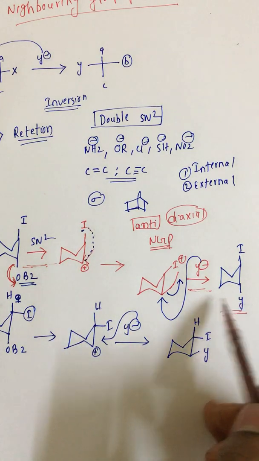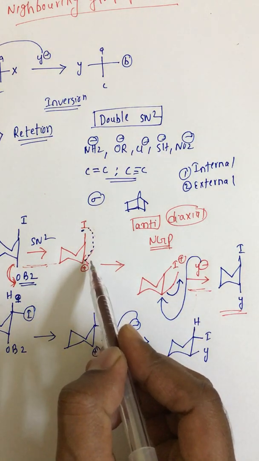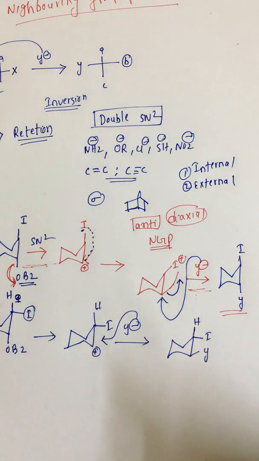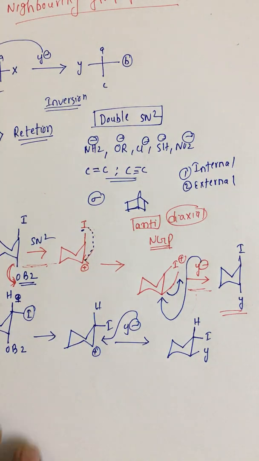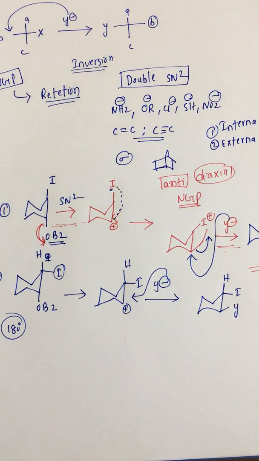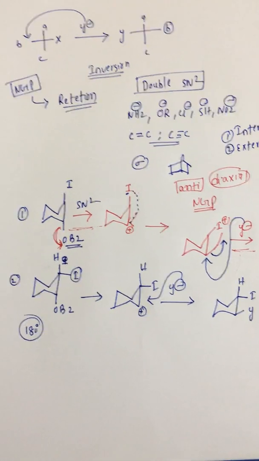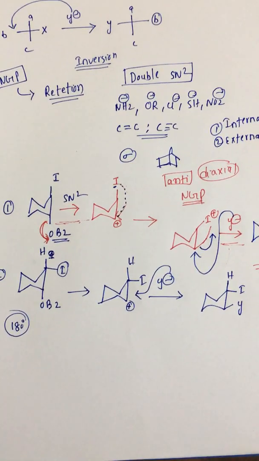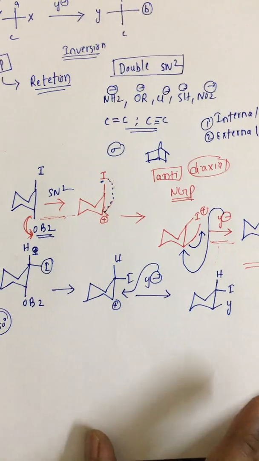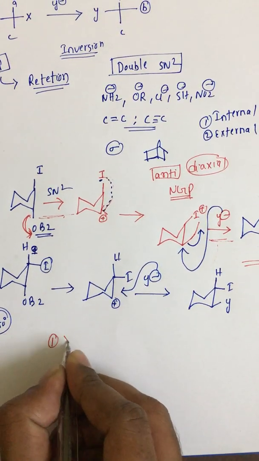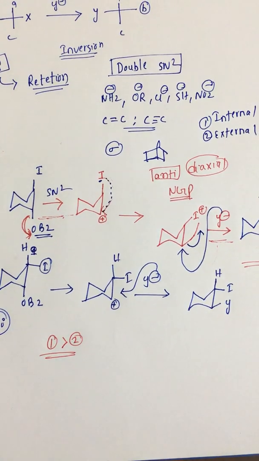The second is coming from the axial, because the nucleophile will come opposite to the leaving group. So that is the concept. Wherever neighboring group participation is there, the reaction will be faster. So if you see the reactivity order, 1 will be faster compared to 2. So this is the reactivity order.